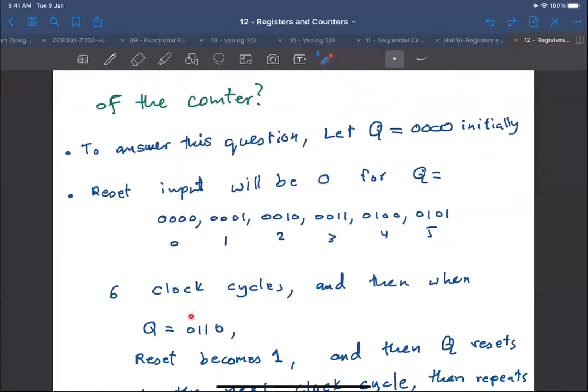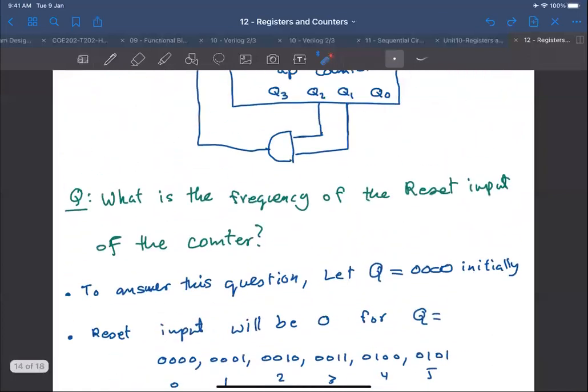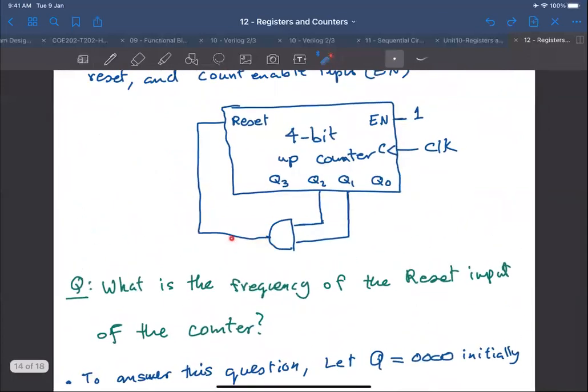And then what happens when this is the case? We basically apply a synchronous reset to our counter. So in the next clock cycle, we go back to all zeros. After it becomes 6, in the next clock cycle it becomes all zeros, and then it repeats forever.